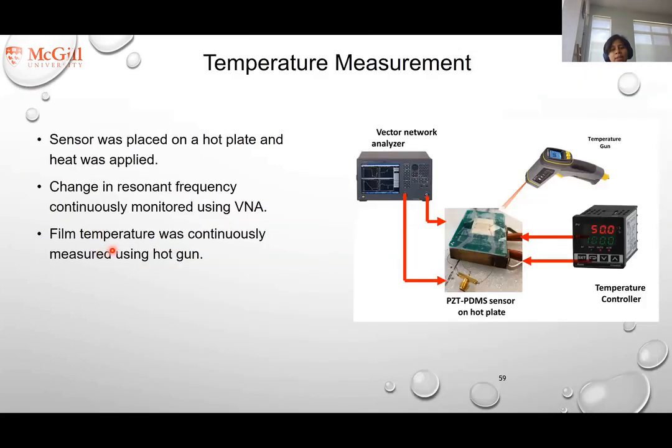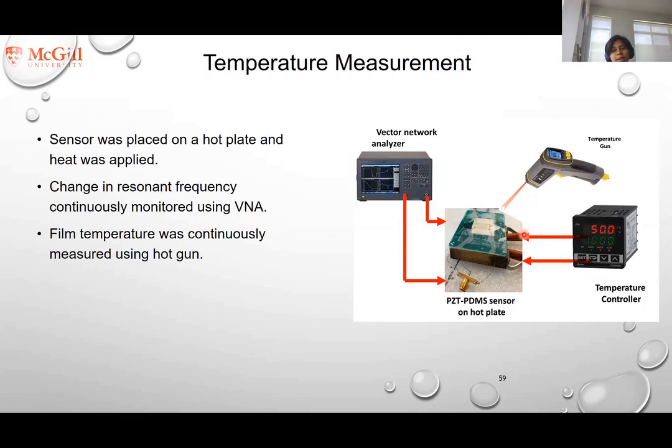So we built a resonator, and we measured that, yes, it can work like a resonator. And we know that this type of resonator, because PZT PDMS has a temperature dependency, can be used as a temperature sensor. So just to demonstrate the resonator's functionality first, we used them for temperature measurement.